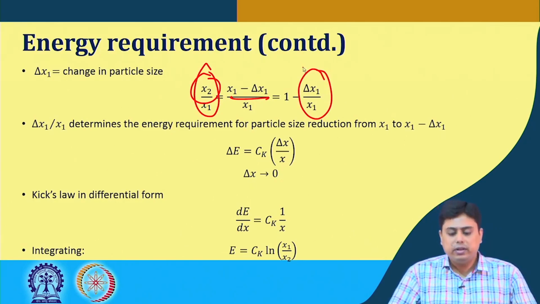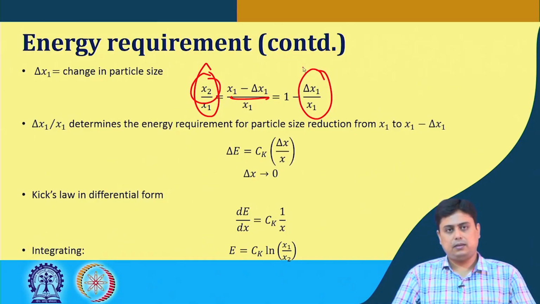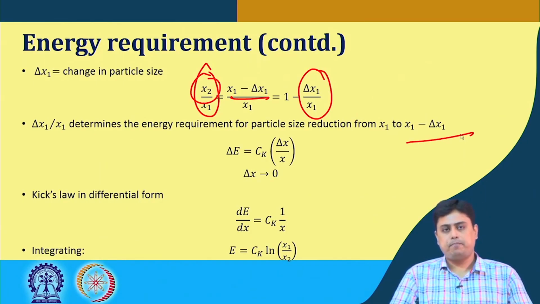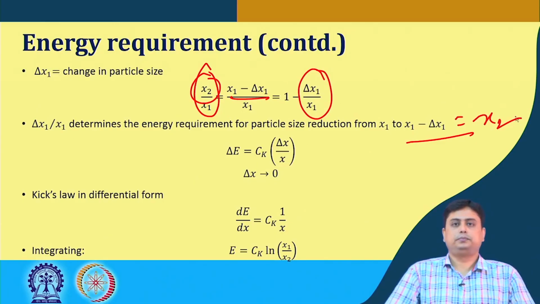This is what influences the size ratio: the change in particle size with respect to the original particle size. It determines the energy requirement for particle size reduction from x1 to x1 minus del x1, which we considered as x2.